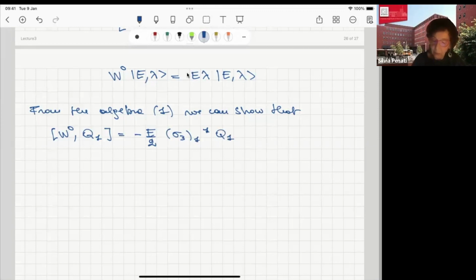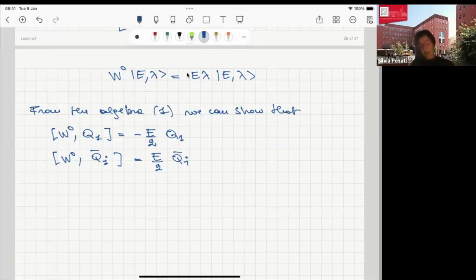Okay, so this is simply equal to minus E over 2 Q1, whereas W0 with Q bar 1 dot is instead equal to E over 2 Q bar 1 dot.